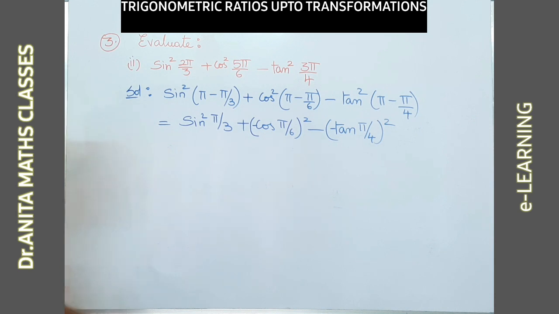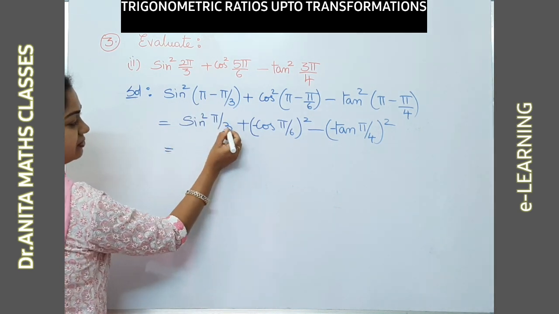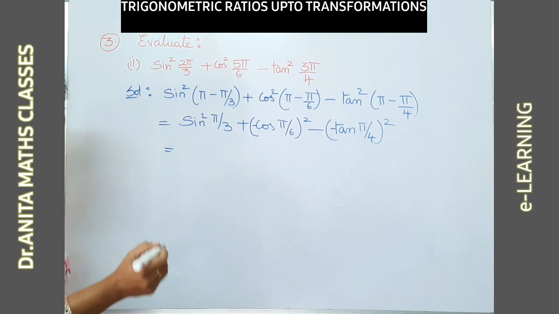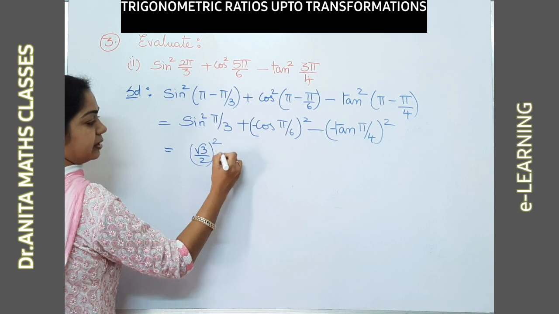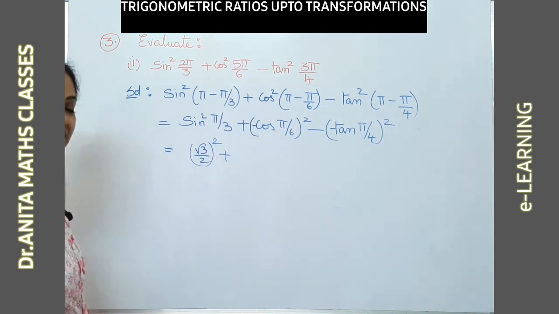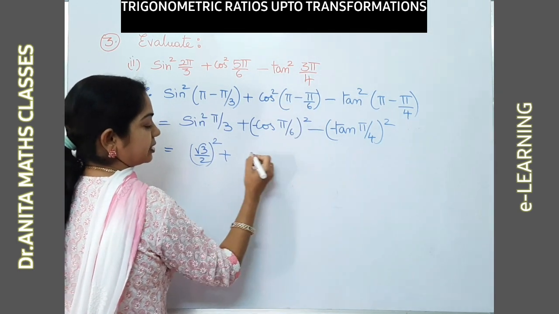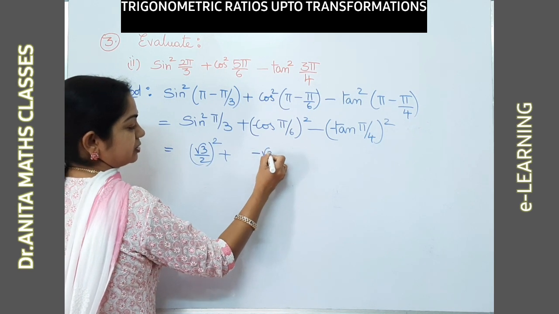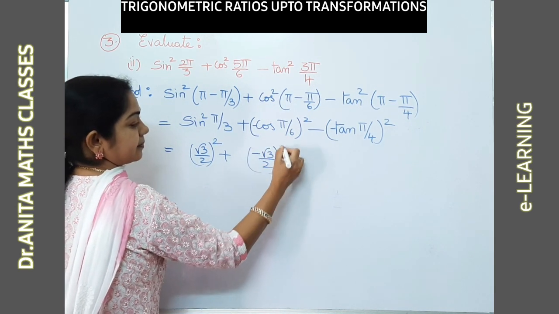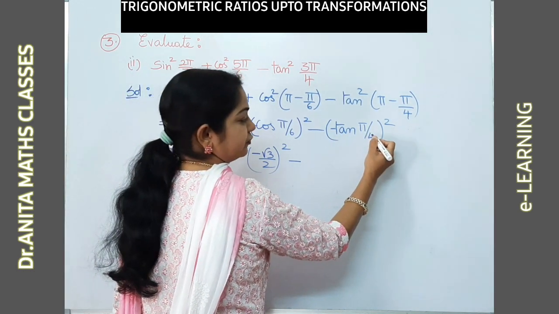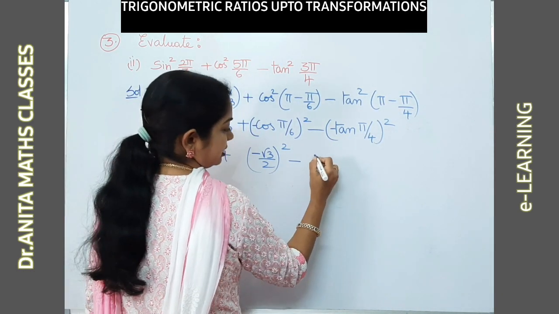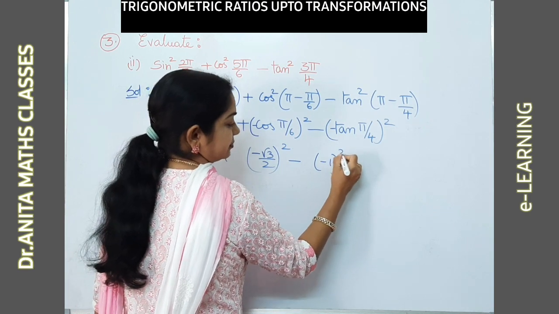Right, now here sine square pi by 3 is sine square 60, sine 60 is root 3 by 2 whole square, minus cos 30 whole square, that is minus root 3 by 2 whole square, and minus tan 45 degrees, tan 45 is 1, so minus 1 whole square.